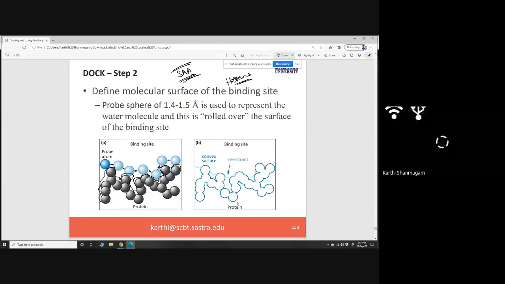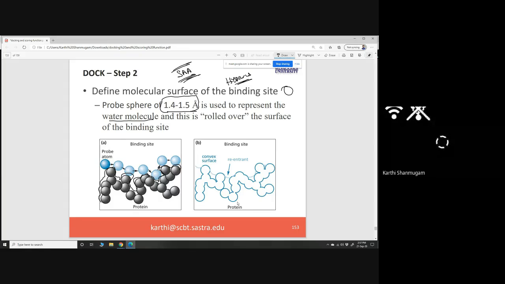So what we need is a probe molecule. Once you know where the binding site is, the next step is we need a probe atom. Here the probe atom is a sphere of 1.4 to 1.5 angstrom, and that corresponds to a water molecule.